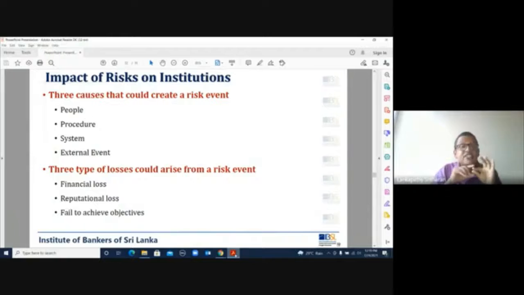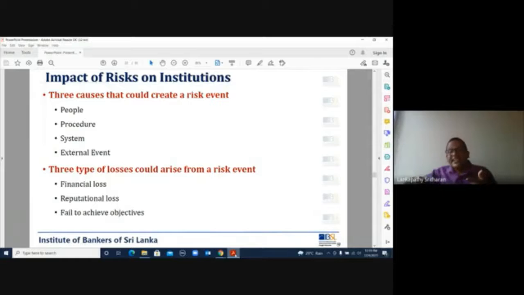But in case of non-financial risk, there may be some losses, but that is not direct losses. For example, if we take the reputational risk, it may affect the reputation. That may affect again the revenue and the P&L. So indirectly it may hit the losses.